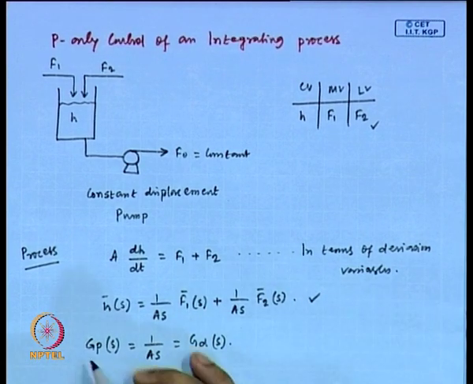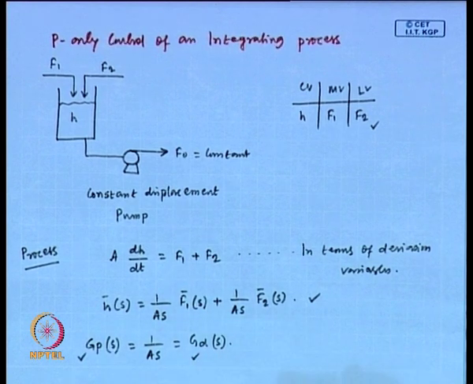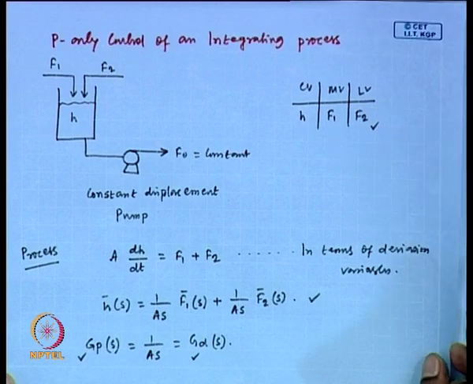From this equation, we get the transfer functions G p and G d, and both are equal to 1 by A s. So, next element is the controller.